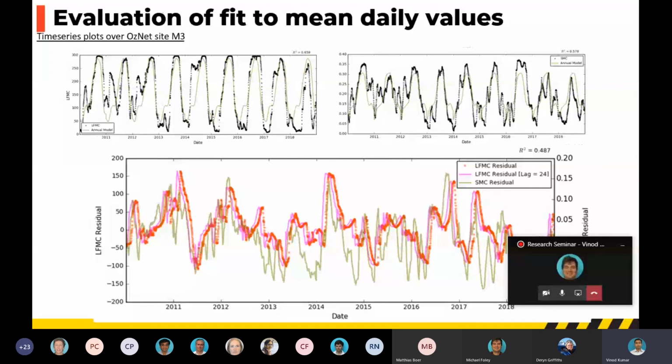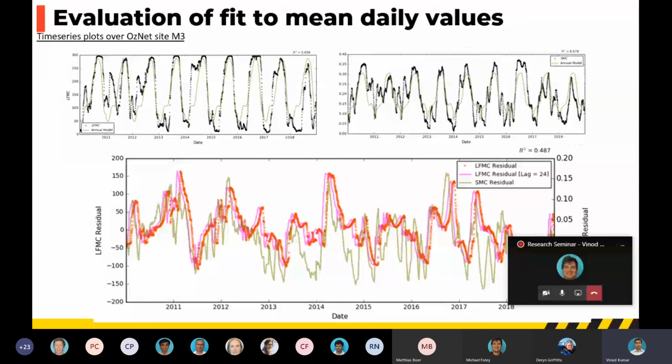This is an example of the evaluation of the fit to the mean daily value. This is over one of the sites in OzNet in the Murrumbidgee catchment. If the site deviates little from the annual cycle, then the annual model would be a good approximation for the live fuel moisture content time series. You could see that at this site, it provides a good estimate of the live fuel moisture content dynamics and also the soil moisture content.